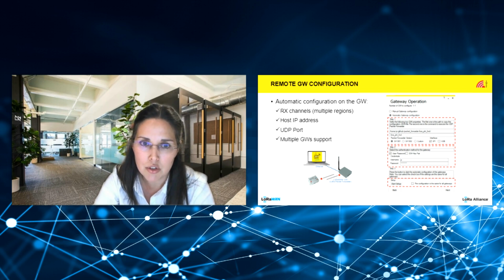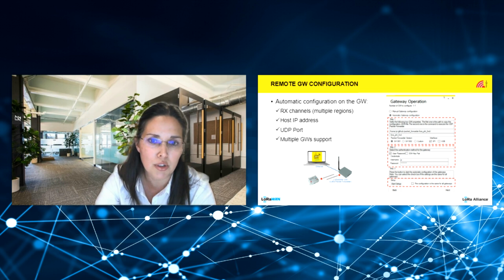So this means the correct chip must be chosen, along with the SPI interface or the USB interface used for the communication with the concentrator. It's also important to include the credentials so that the LCTT is able to connect to the gateway and configure it itself. It's also possible to configure different gateways, so multiple gateways, in case the setup uses more than one gateway for the testing.